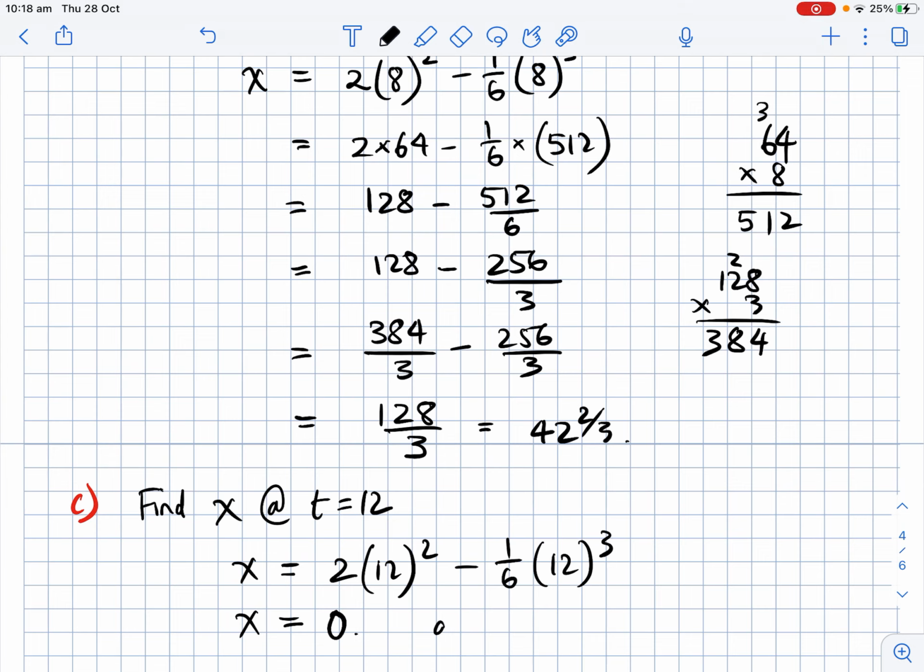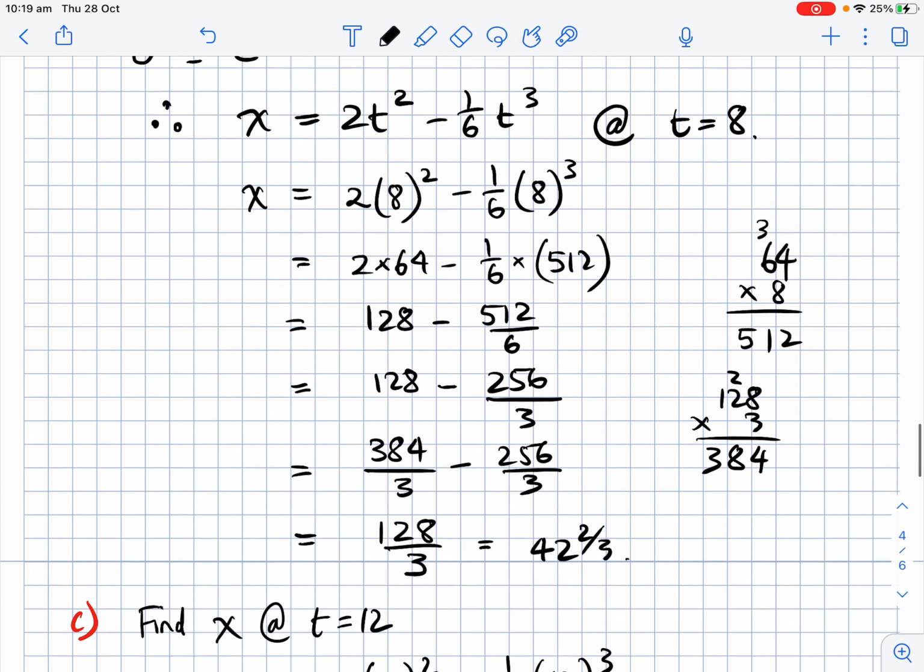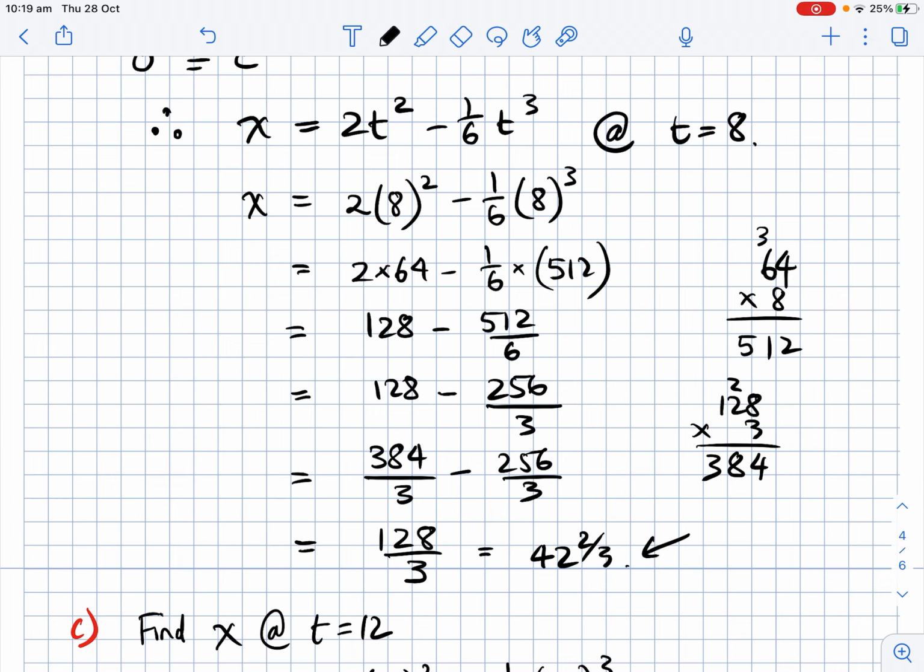We know at 12 seconds, displacement equals 0. We know that at 8 seconds, the velocity is 0, and the displacement is 42 2/3.